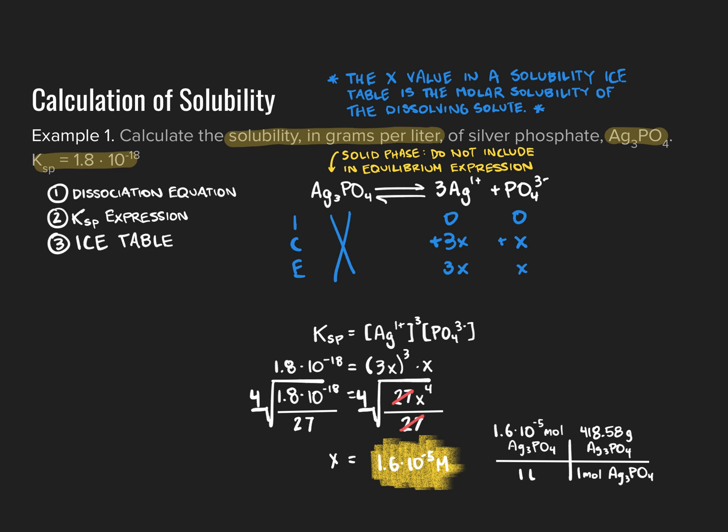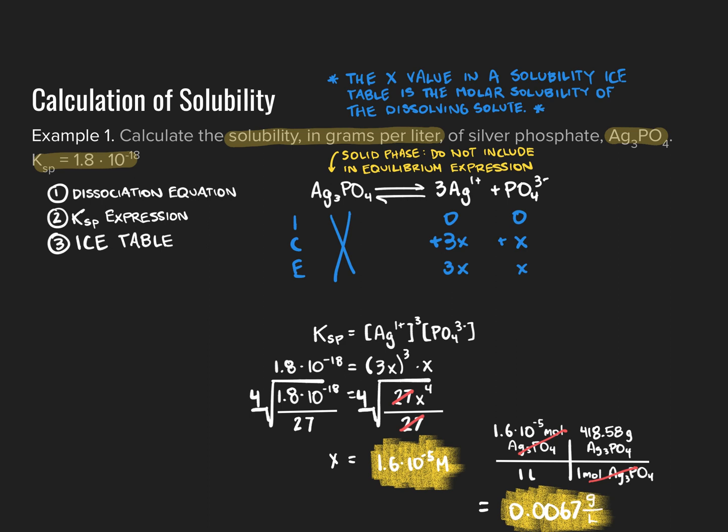And notice now, as I cancel out my units, moles of silver phosphate cancels with moles of silver phosphate in the numerator and denominator, leaving me now with grams of silver phosphate per liter of solution dissolved. I can simply solve my monorail now, and I calculate here a value of 0.0067 grams of silver phosphate dissolved per liter of our solution.